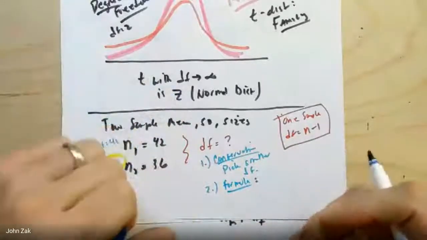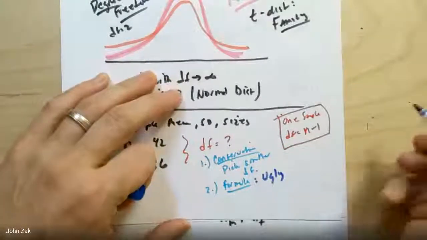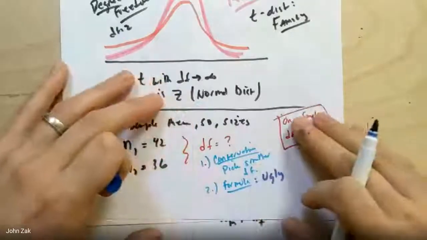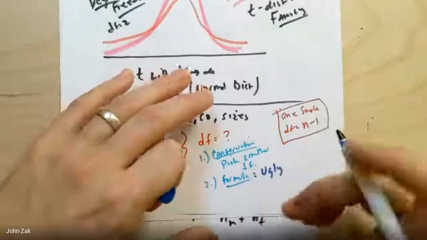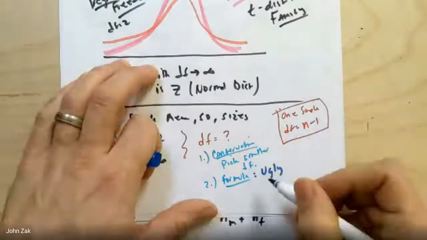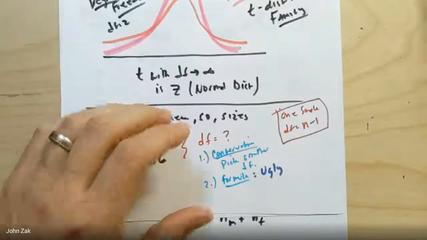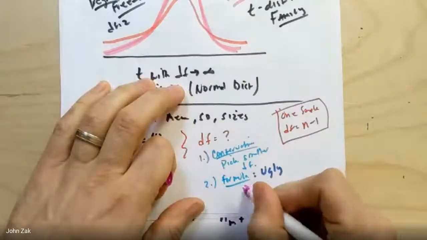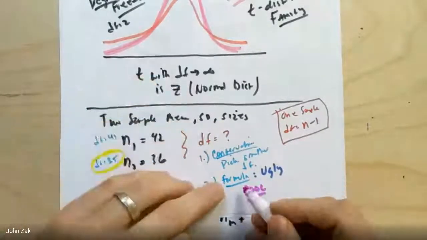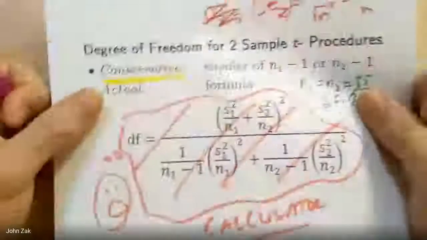Now, here's the cool, fun thing. This formula is ugly, but something you'll see at the end of the second video, and I don't prove this, but I say it, going back to pooling: if we knew that we could pool, then this nutty formula simplifies amazingly.